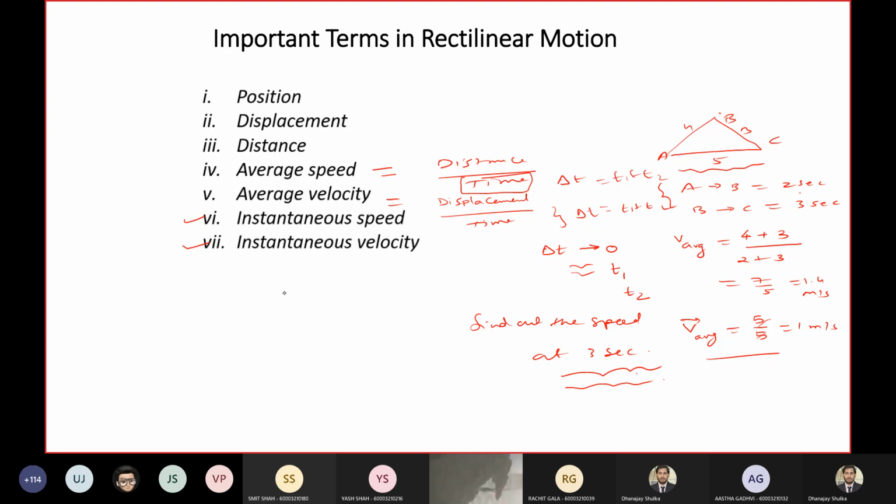So instantaneous speed is nothing but the limit of delta t tends to 0 of delta s by delta t, and that is ds by dt. Clear to you? Similarly, instantaneous velocity is the limit delta t tends to 0 of delta s vector upon delta t, that is ds vector by dt. Are you getting me?